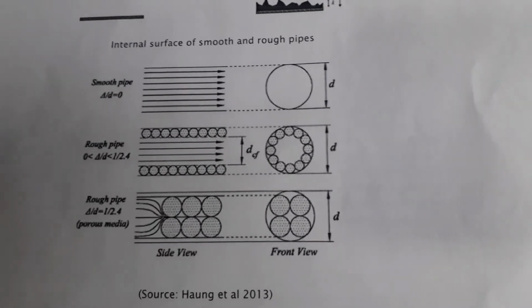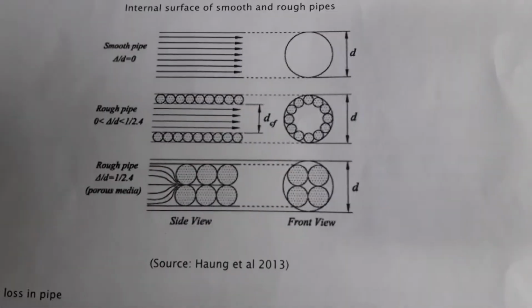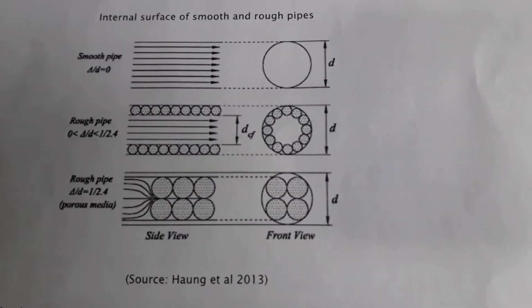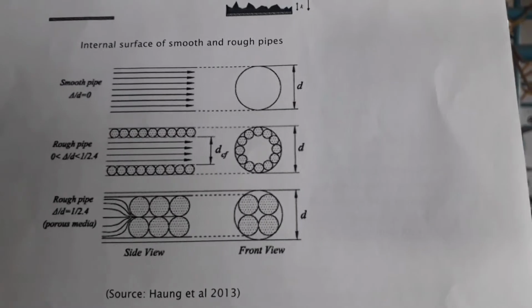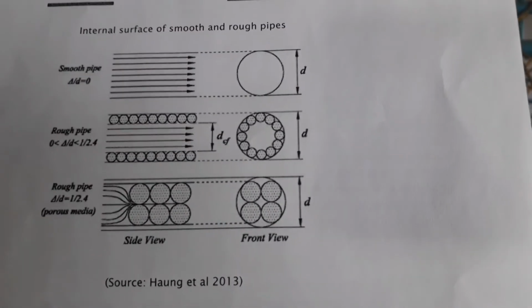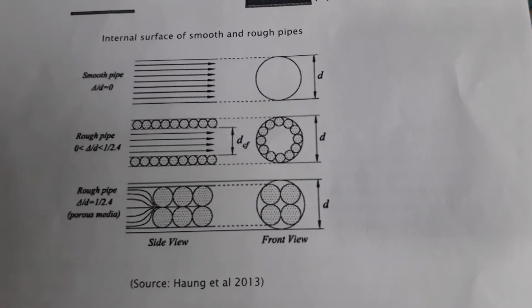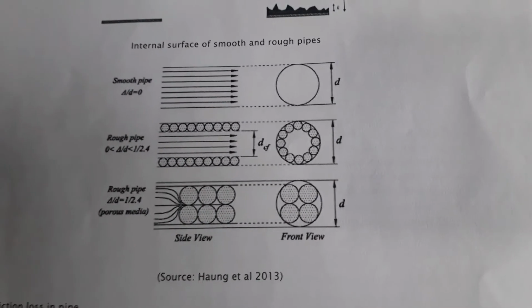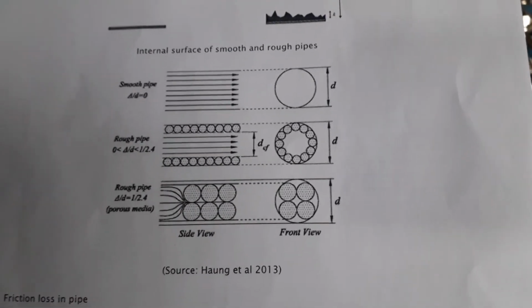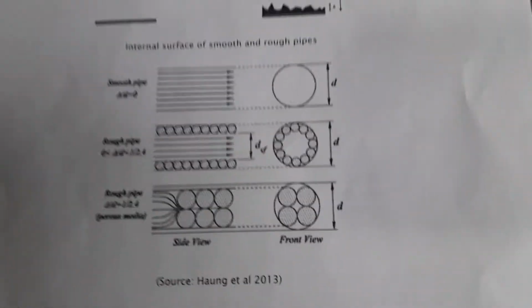Here the Reynolds number is normally represented as 4000 less than Re. The transitional flow, with Re between 2100 and 4000, is a mixture of laminar and turbulent flow. For turbulent flow, the Reynolds number is Re greater than 4000.